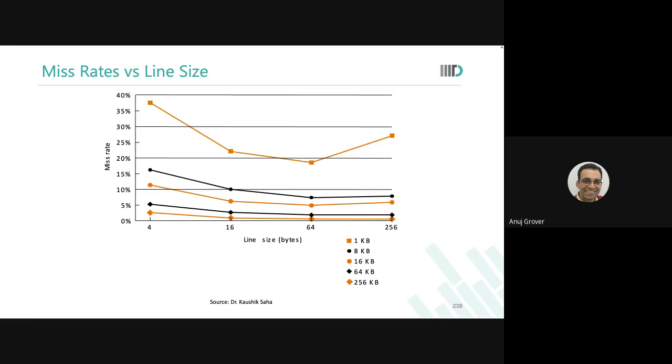Line length has to be decided in conjunction with the size of your L1 cache. If your cache size is small, you cannot keep a very large line length. Because then the total number of lines you can store will reduce. Is this point clear? It's something like this.